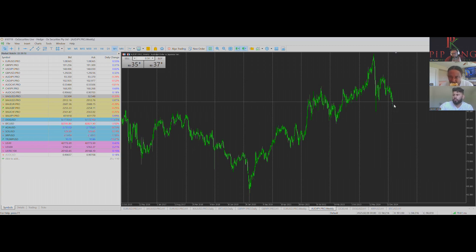So this is the area, somewhere in this area down here. Let me make it clear. I'm looking for price to come down in this zone somewhere to find support and then push up further.